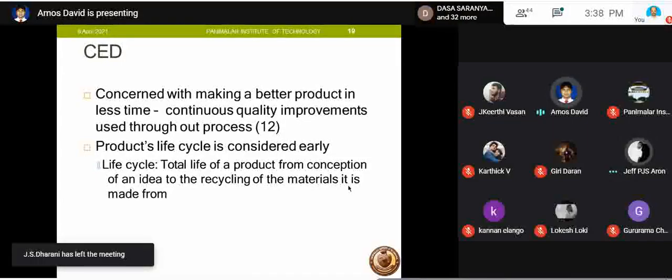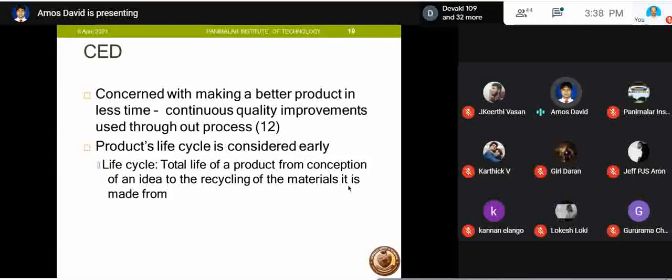All right. So creating and releasing the product is not the only important thing. How the product life cycle ends also matters. Because if I take a car, it weighs, let's say, 1 ton, 1,000 kg. That 1,000 kg of metal has to be disposed of if it is not in running condition. Understood? So it has to be sent to the junkyard in the end.